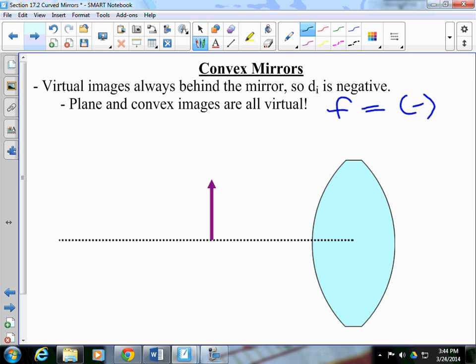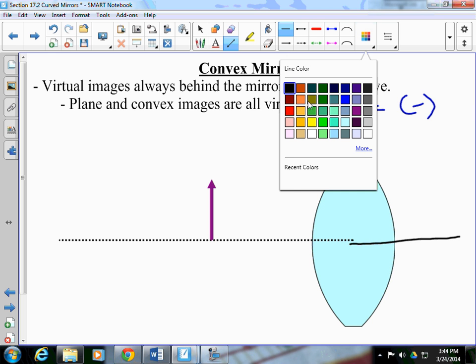First things first, I'm going to extend my virtual line through the back side of my mirror. And then let's do a light ray diagram. Remember, what is the very first line that we do? Correct. We always go off the bottom of the arrow. I'm going to do that one in yellow. It goes off the middle.